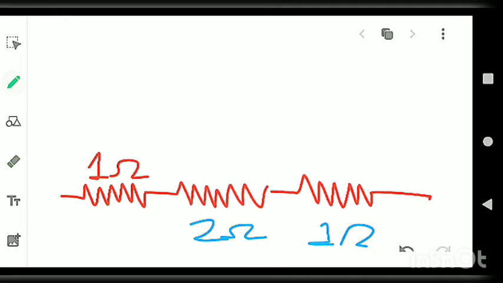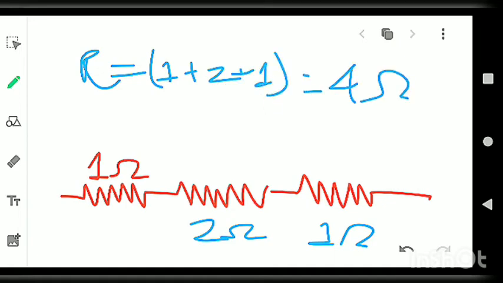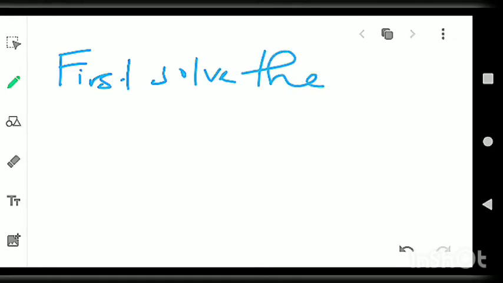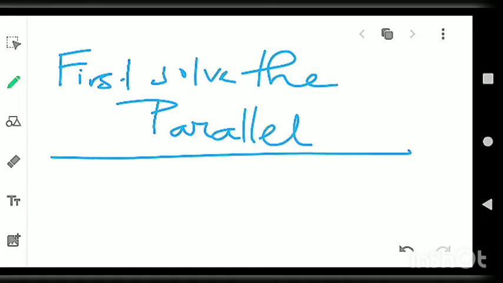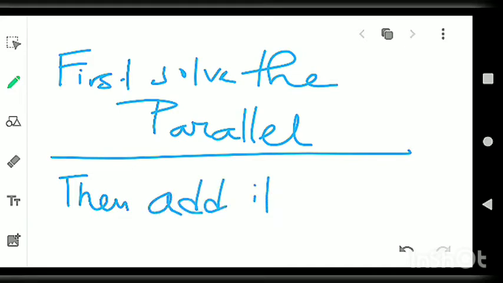So what we learned from here is that if I am given both series and parallel combinations together, then first solve the parallel, then add it with series.